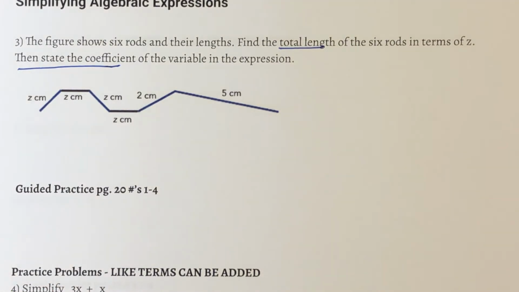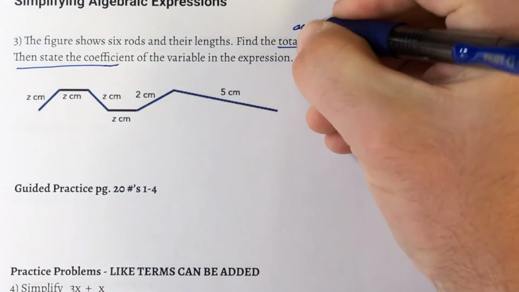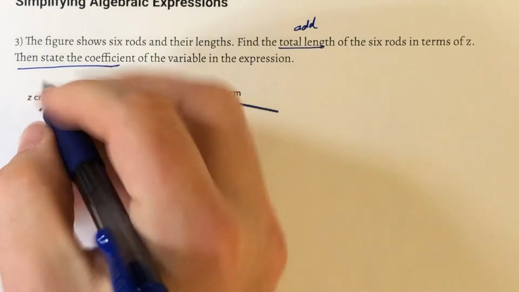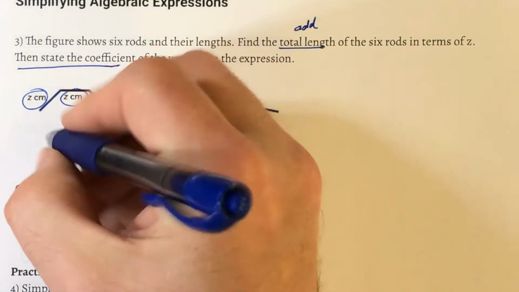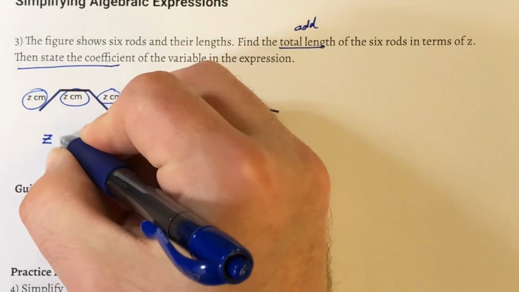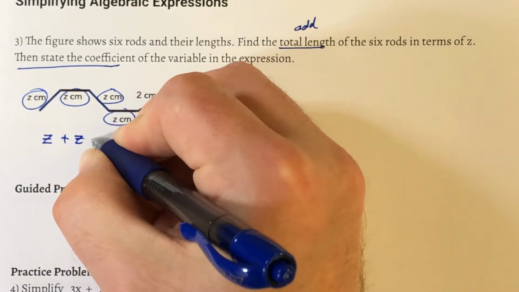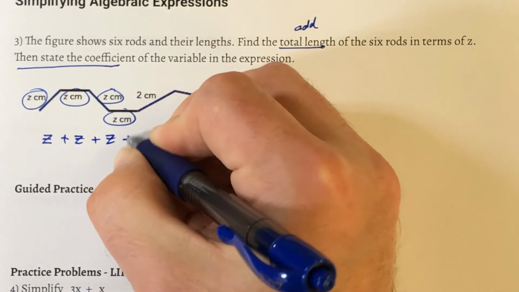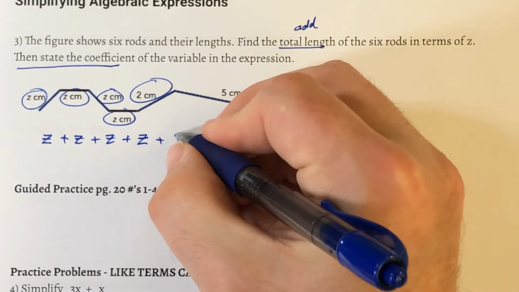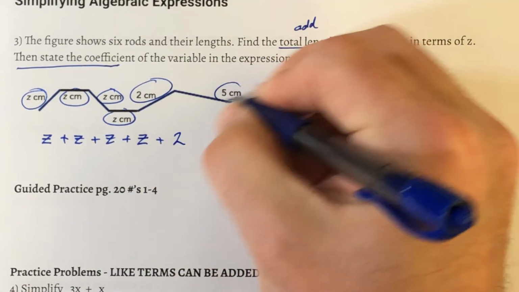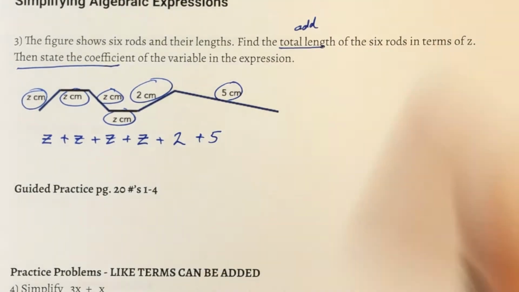So first step, how do I find the total length? That means add. So let's list them out. I have 1, 2, 3, 4 z's. So z plus z plus z plus z. Then we're going to add the 2 and then the 5.